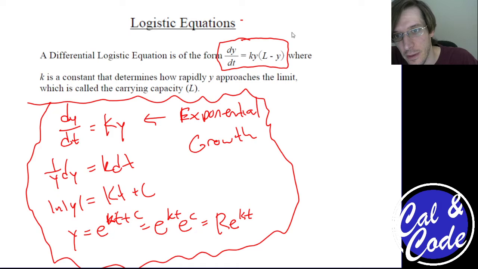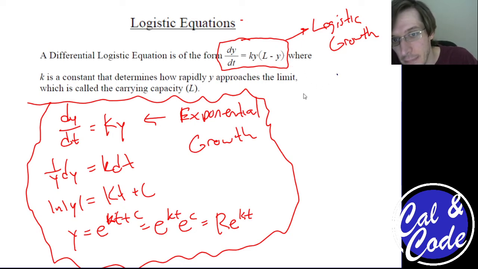But this right here, this is our format for logistic growth, and I want to make sure that you're ready for dealing with this. To do that, it's mostly about recognizing this thing.